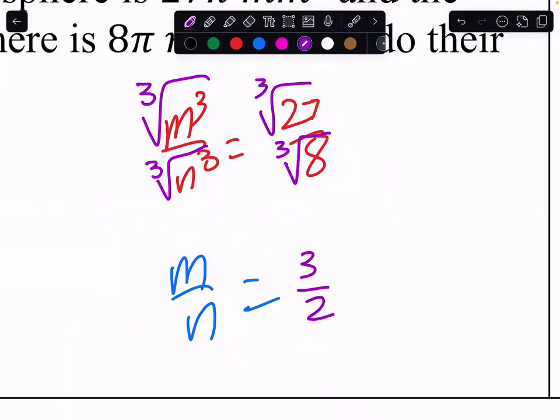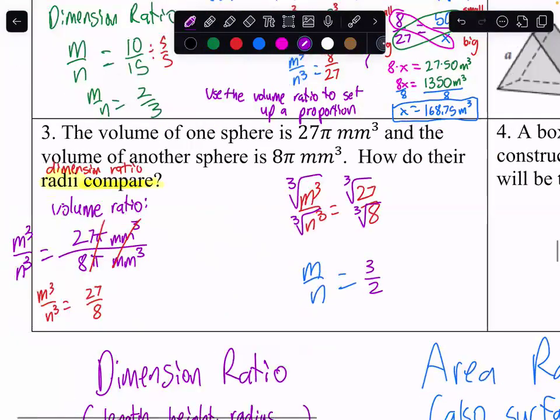Okay, and that's it, right? We found the dimension ratio m over n equals 3 to 2. Again, if you put 2 over 3, that's okay. Okay, for this problem, we don't do the extra step. We don't set 3 over 2 equal to another fraction, because they asked us for the ratio itself.